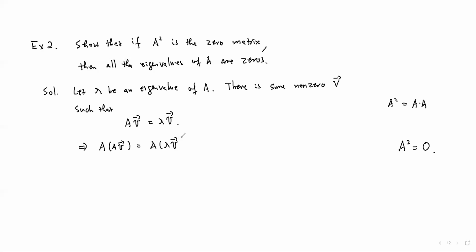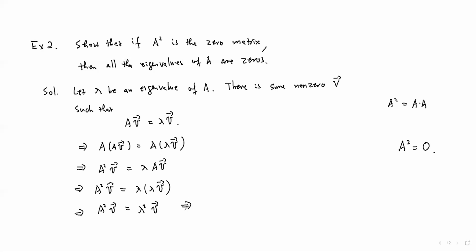So we get A squared v. Move out lambda. On the right side, A times v is lambda times v, so we get lambda squared times v.